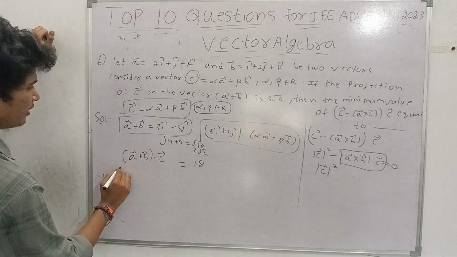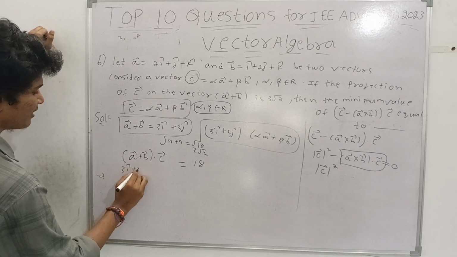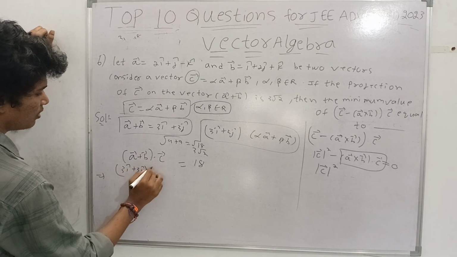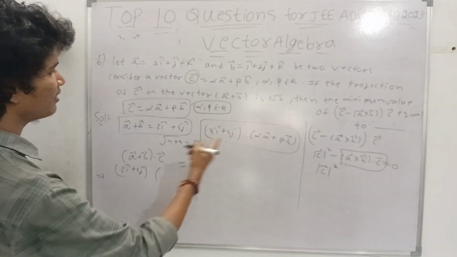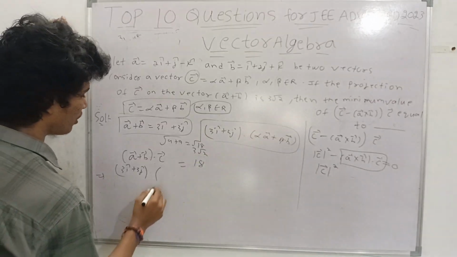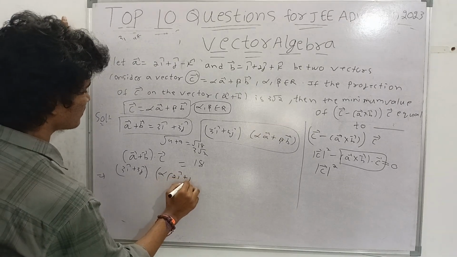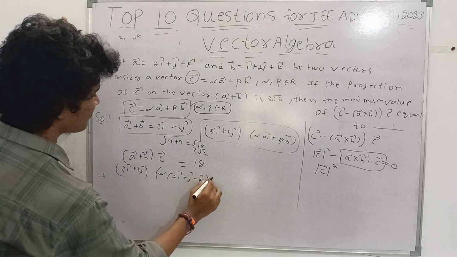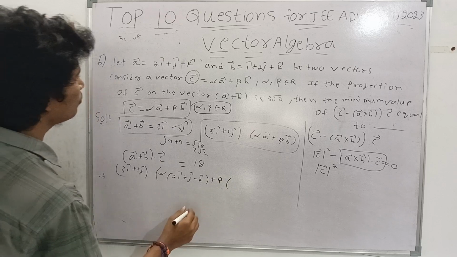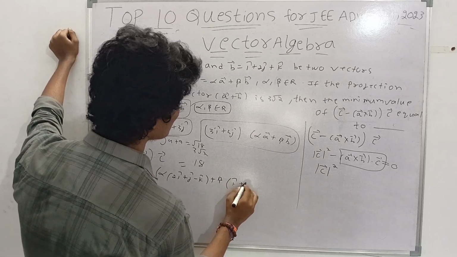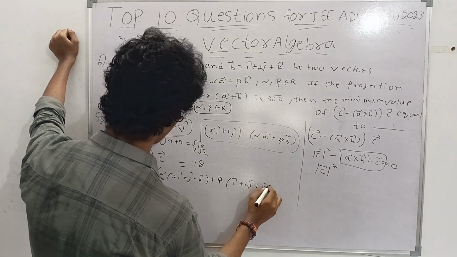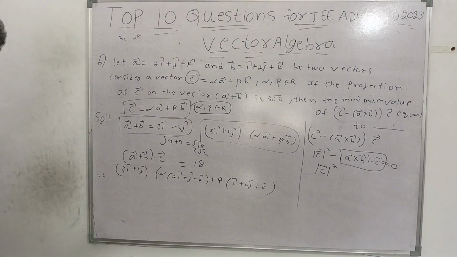A plus B, here it is 3i cap plus 3j cap, dot, what is C vector? C vector is alpha into A vector. So I am writing the A vector value, 2i plus j minus k, plus beta into i plus 2j plus k. This thing I am going to write.